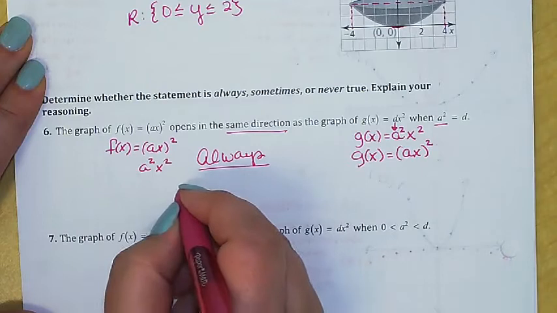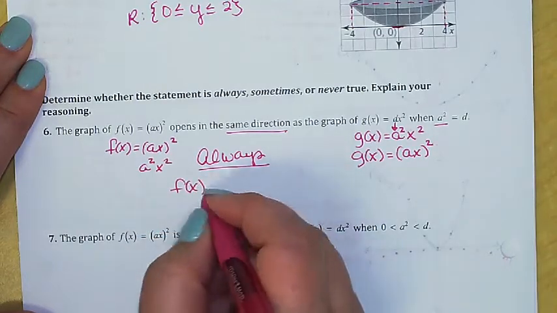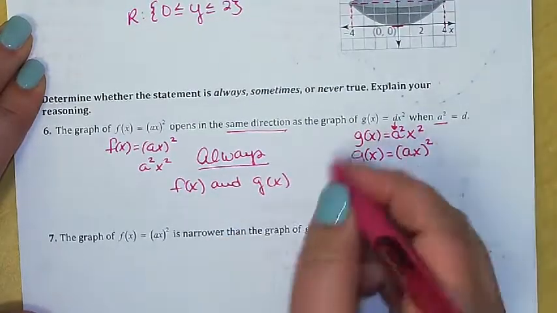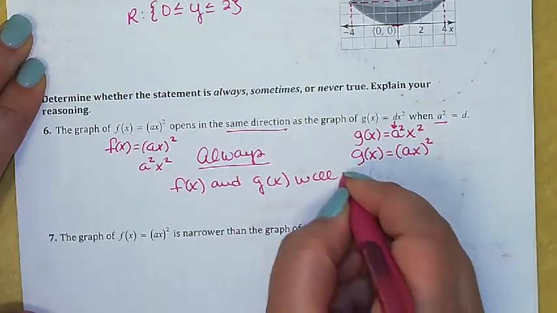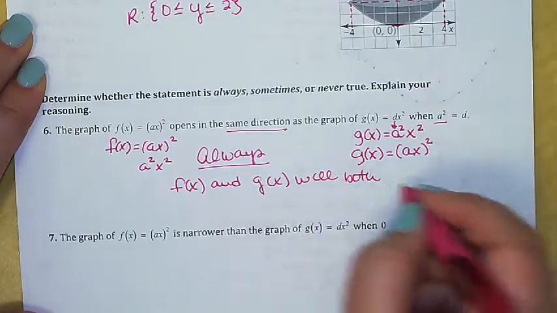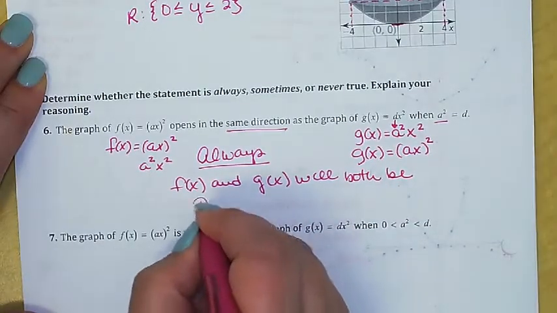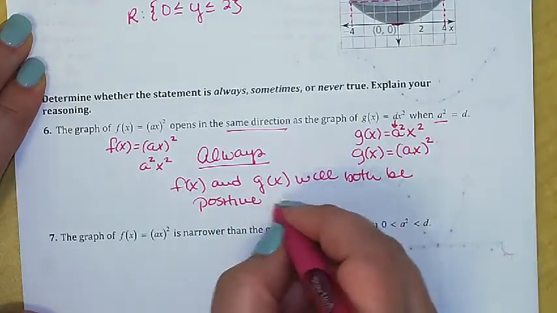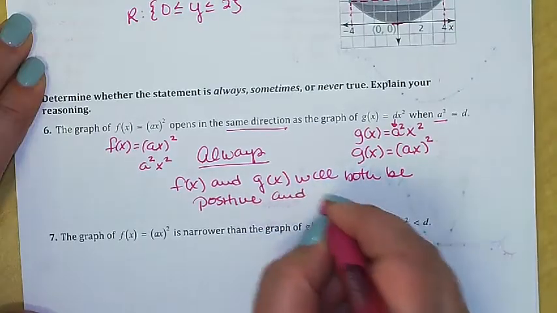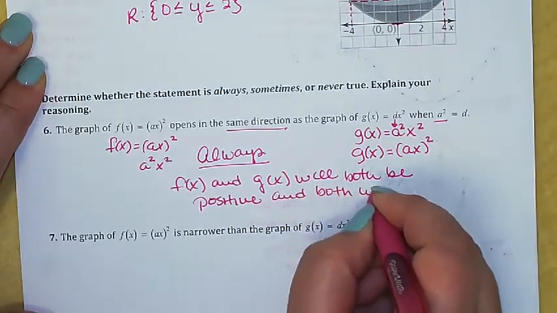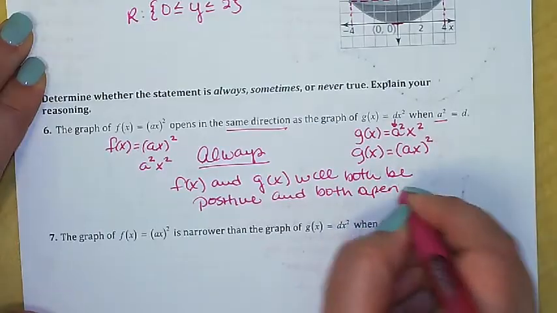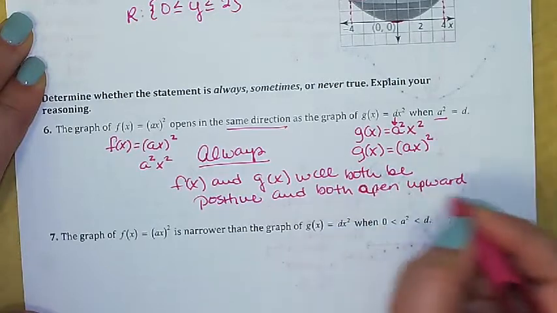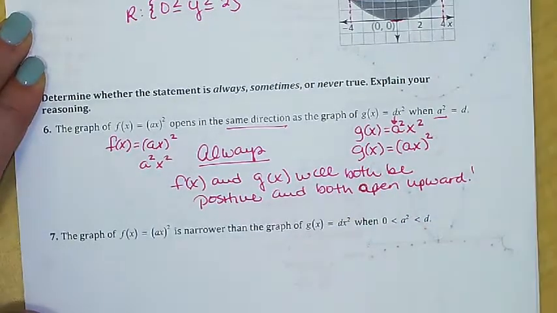Okay, so especially since we are squaring them, both g of x and f of x will both be positive, and they will both open upward. Okay?